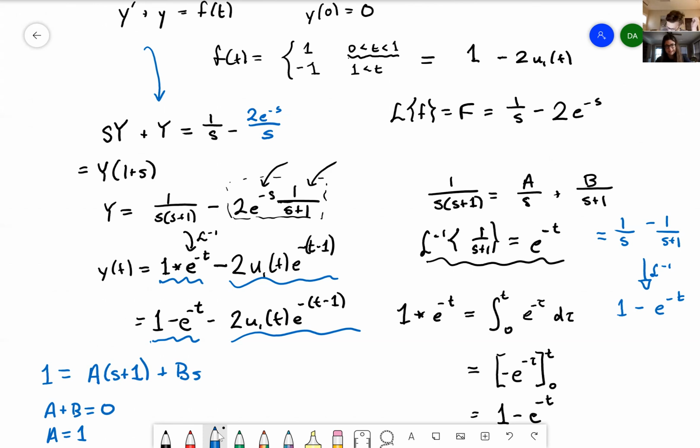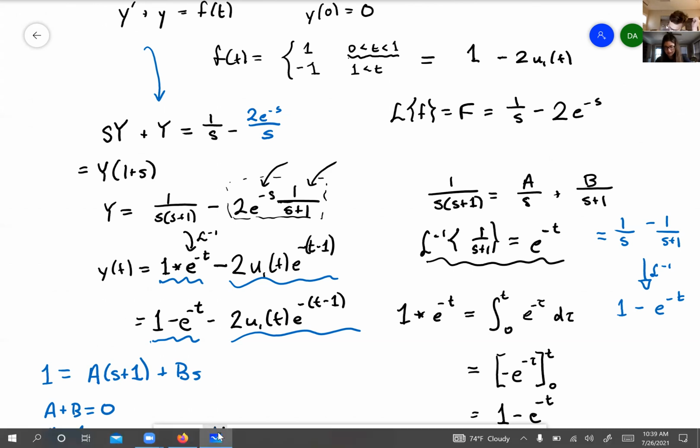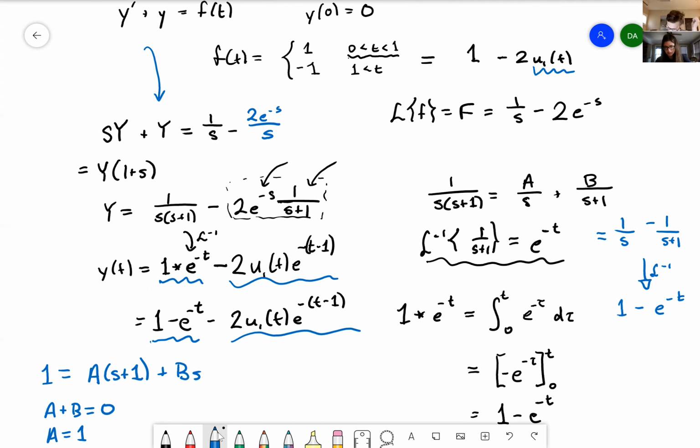So I wanted the e to the minus s for the shifting part, but I forgot about multiplying by the Laplace transform too, which is 2 over s. It's not just 2. So what do we get here? Why is it 2 over s? Why do you have to multiply by that then?